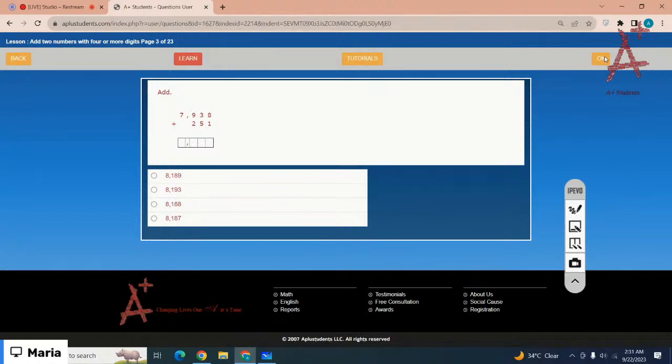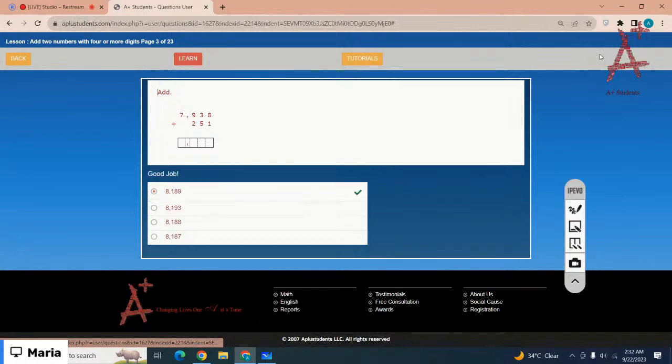That would be option number... which is the correct option? That would be... yes, very good. Option number 1 is the correct one. That would be 8,189. I can see all your messages. Please write the answer once.